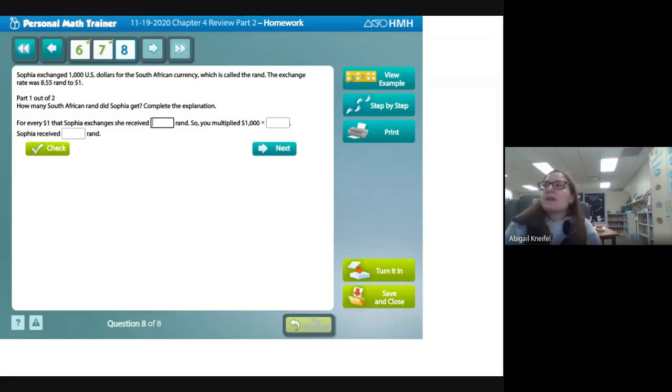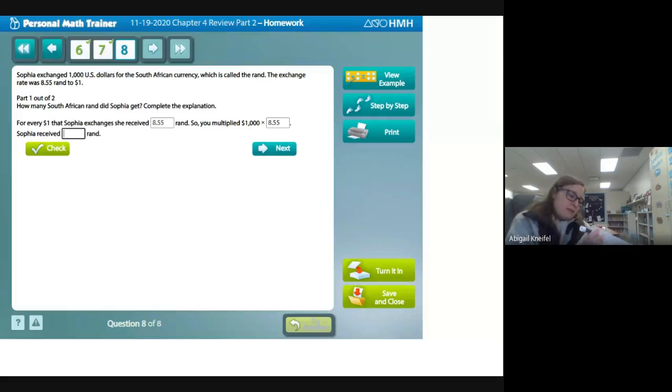Complete the explanation. So for every $1 that Sophia exchanged, she receives 8.55. It literally just tells us that right here. Okay. So if you multiply 1,000 times 8.55 Rand, Sophia would receive blank. Okay.